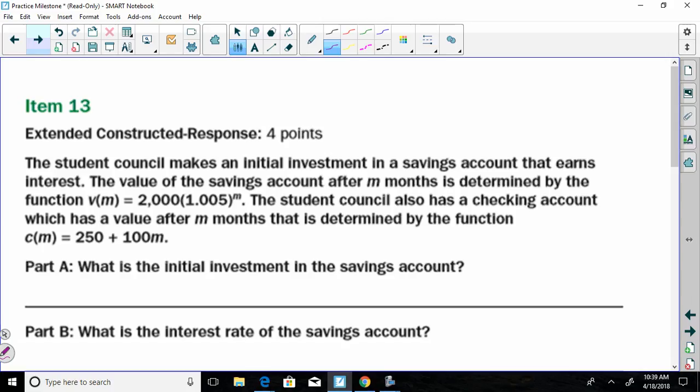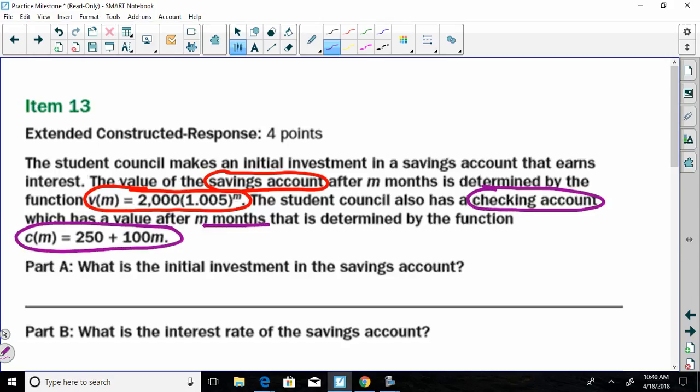Then it says, what is the interest rate? And so that means we're looking at the B, right? And we were saying if it's above 1, what does that mean? It's growing. So all the 1 tells us is that it's growing. If it's under 1, that means it's decaying. And so to see what it's growing or decaying by, we need to see how far over or under 1 the number is. So now we look at this.